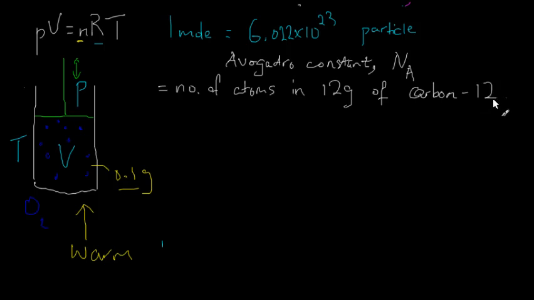But what I'm going to explain is how, from this definition, we can get some understanding of how to use this constant correctly and confidently for our calculations, like with ideal gas problems.